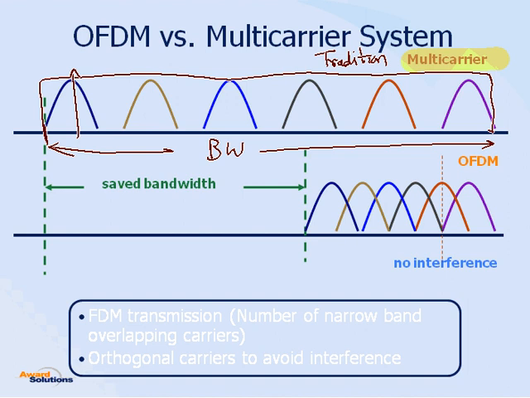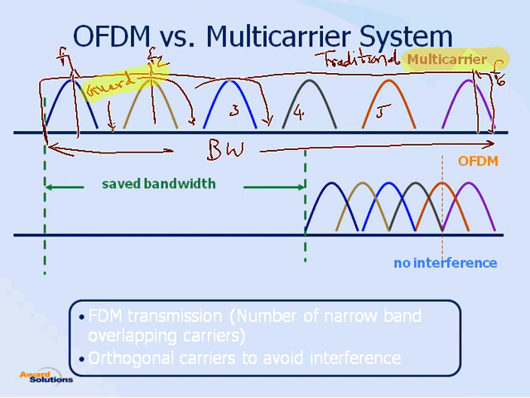So let's say F1, F2, and so on, 6. So we have 6 carriers. In a traditional multi-carrier system, we have some sort of guard band between adjacent carriers. Between two neighboring carriers, we have some sort of guard band.